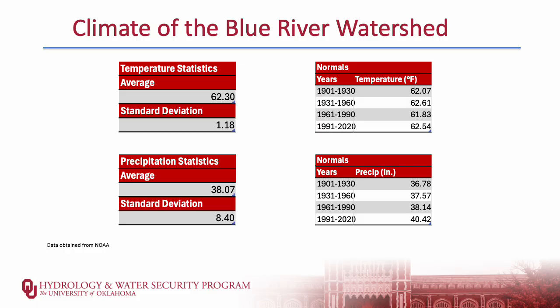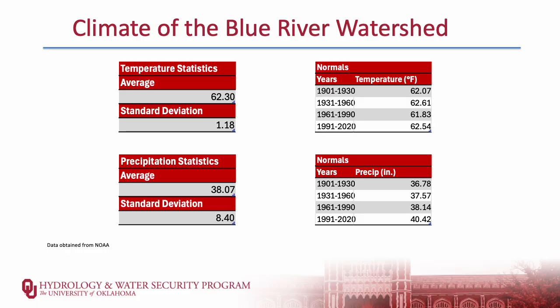It mostly looks as if the temperature has stayed pretty steady. It actually dropped from 1931 to 1960 to 1961 to 1990, by less than a degree, but has stayed within that 61 to 62 range since 1901.